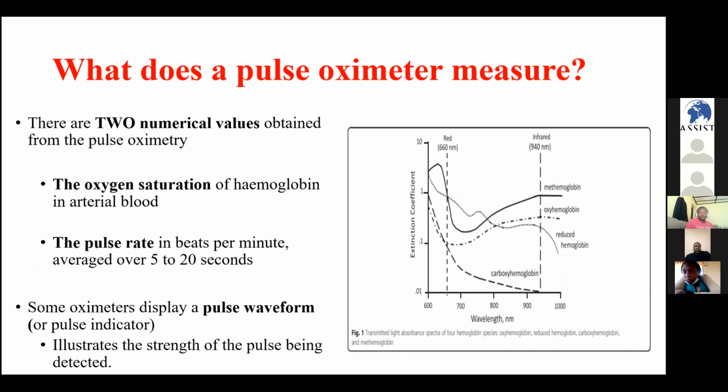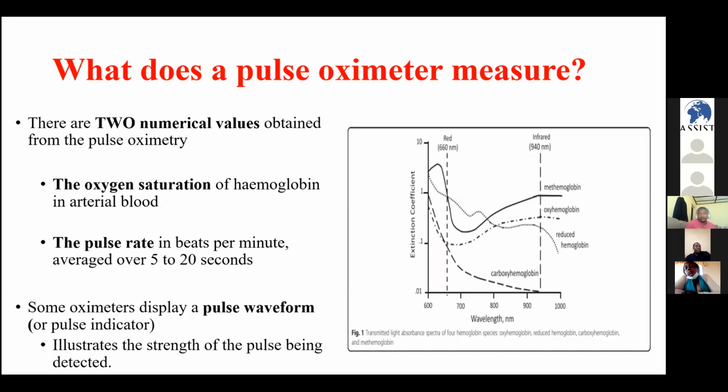So the oxygen saturation is the main reading we see on the monitor of the pulse oximeter, and you can classify your patient as having normal values.